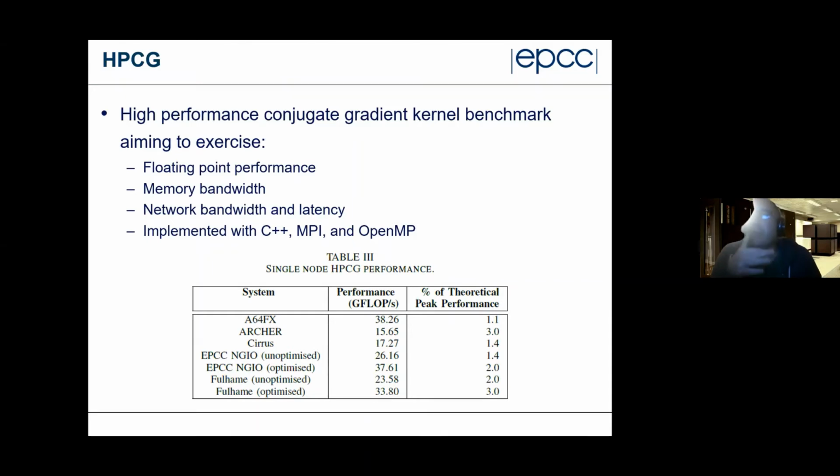The two different results we have there, optimized and unoptimized, are where we compared running the unoptimized HPCG version from the main source repository, which you can just download and run yourself, against Intel and ARM's own optimized versions of HPCG, where the performance libraries have been suitably linked, but also some optimization on some of the key computational kernels has been undertaken.